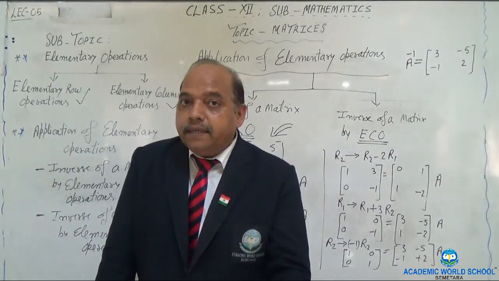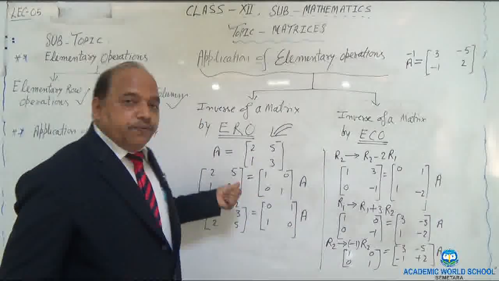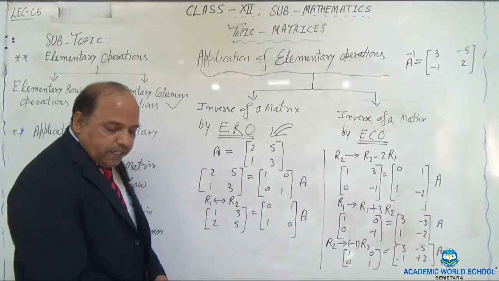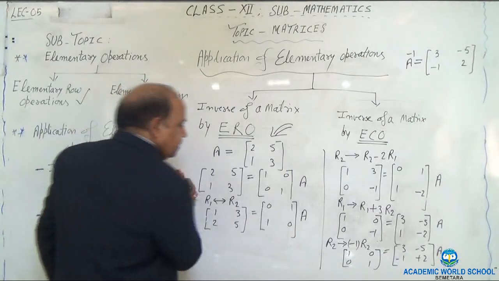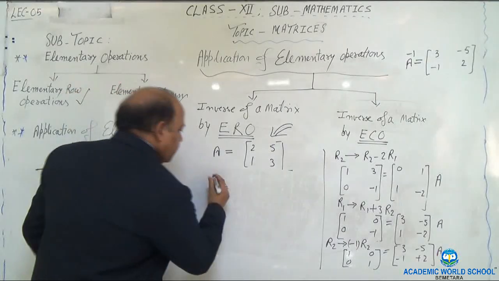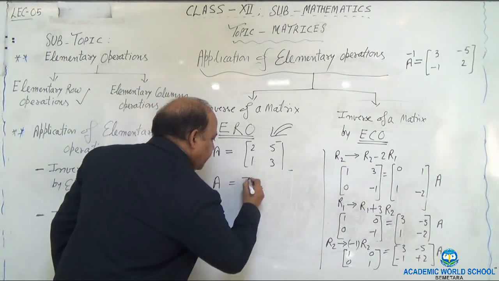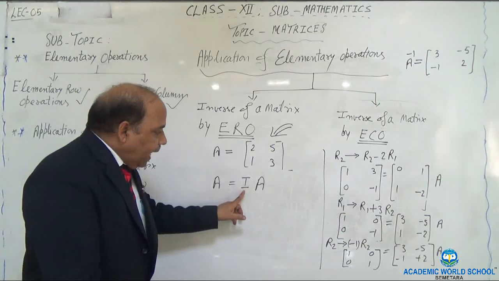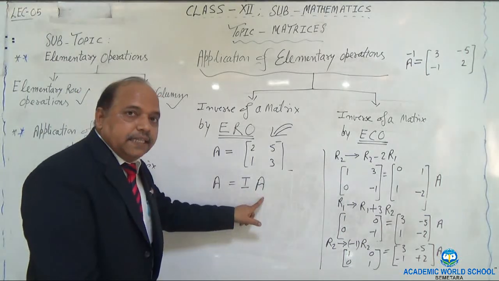If you are applying row operations as we did over here, we said that A was given, and you will write I times A, I into A. I is the identity matrix, A is the given matrix.